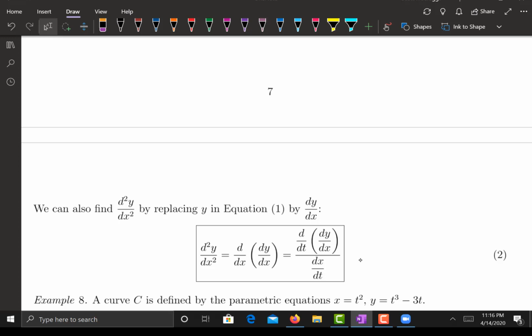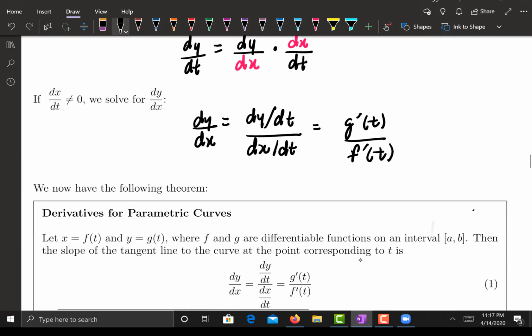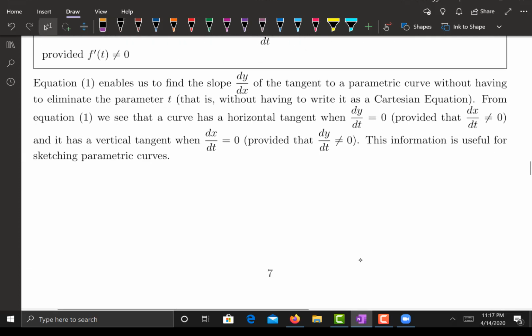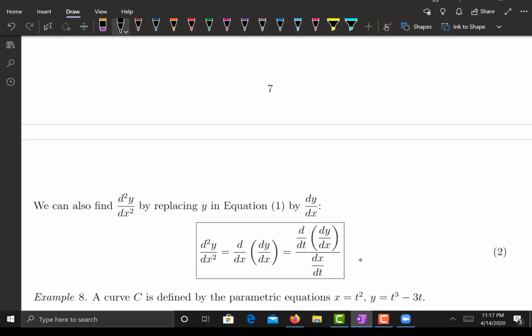Now, we can also define the second derivative of a parametric equation, where what we do is wherever y appeared in the previous equation, we're going to replace it with dy dx. So in other words, our second derivative in terms of parametric equations is the derivative with respect to time of the first derivative that we got, over dx dt.